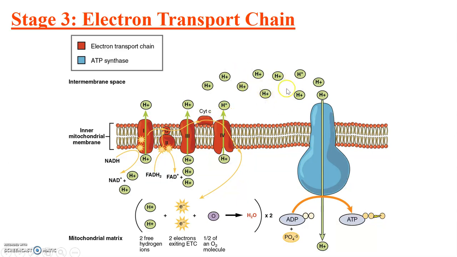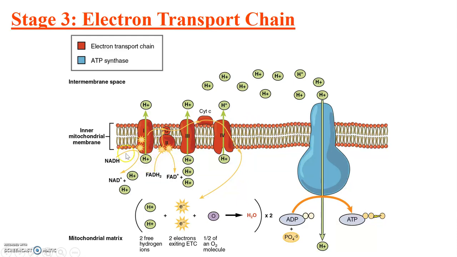Ultimately, this is going to create a concentration gradient where we have a lot of hydrogen up here and very little hydrogen down here. So if we're moving hydrogen ions from low concentration to high concentration, it's going to require energy to do that. And this is active transport, going back to some cellular transport things that we've learned in the past.